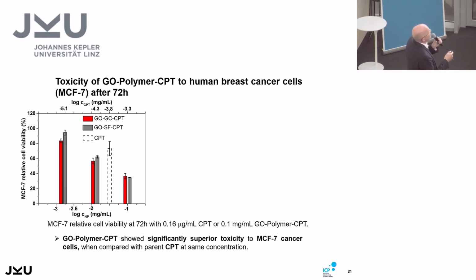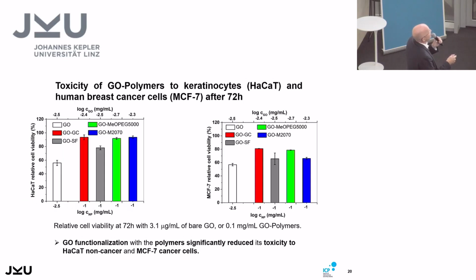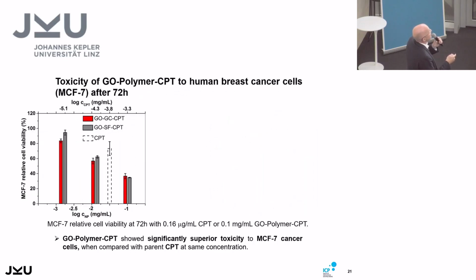And we found out, these columns show us here the viability that goes down. Of course, with the drug, we want to kill the cancer cells. The higher the content, the better the effect. So the viability goes down only now after applying the whole composite, not only with the polymer, but now with the drug. And that helps to reduce the actual survival rate or viability of these cancer cells, exactly what we wanted, treating the cancer cells.